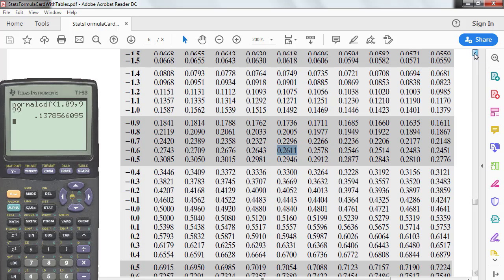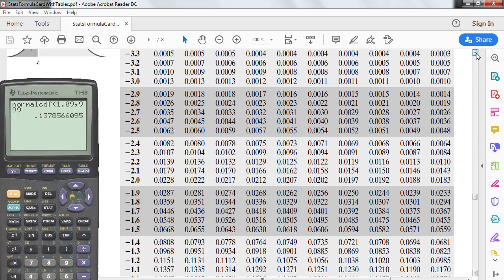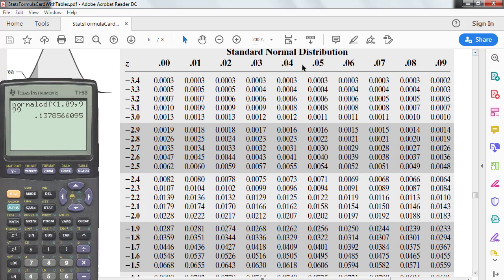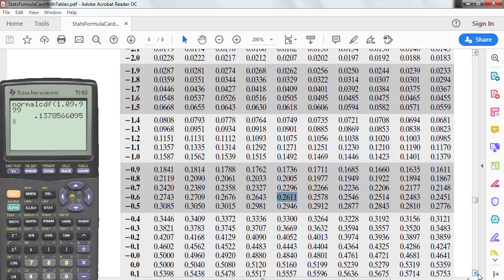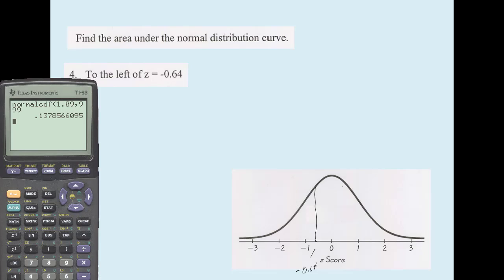The reason I'm going over to the 5th column is because that's the 0.04 column. So I go back to my picture, and I know that this is 0.2611. So the probability that z is less than negative 0.64 is equal to 0.2611.